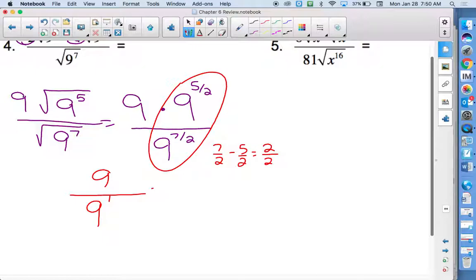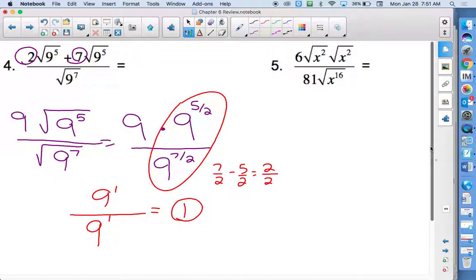What's it simplify down to? Just 1. Because now you have a 9 technically to the first on the top, but a 9 on the bottom. And 9 divided by 9 is just 1. So that whole problem goes down all the way to be 1.